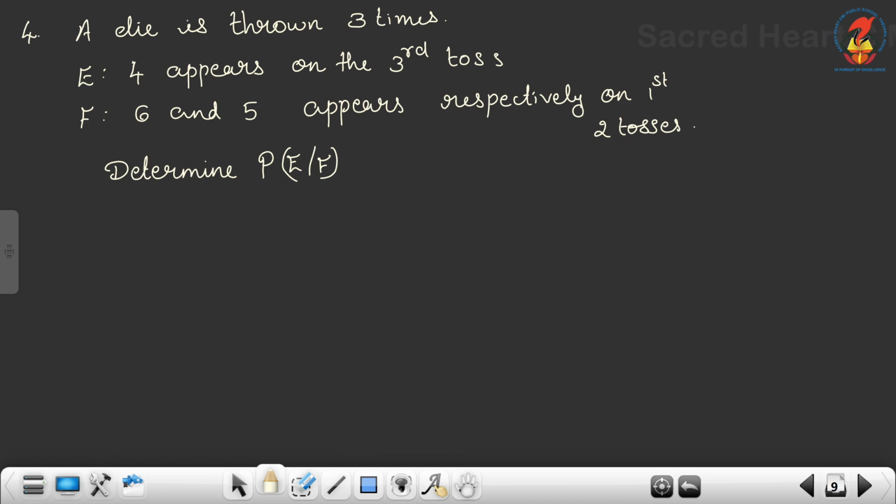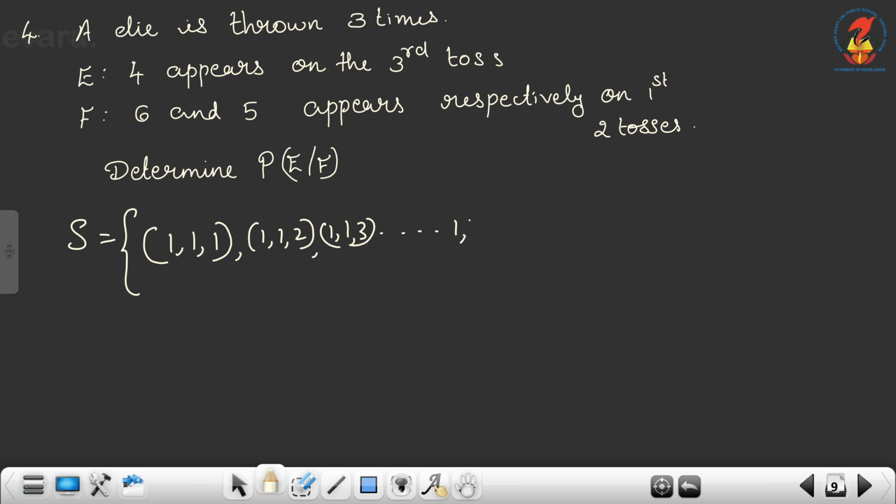So we just write the sample space with etc. Just write how the outcome looks. The 3 numbers are there, as a triplet we have to write. The first one is 1, 1, 1. Then I can write 1, 1, 2. Then 1, 1, 3. Like that. 1, 1, 6. Clear?